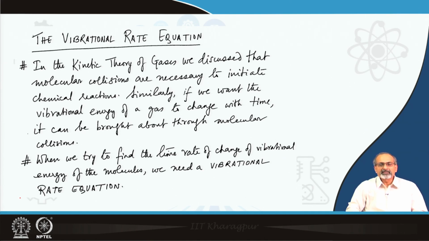But if all that is happening in a hurry and an adequate number of collisions are not taking place, so that the vibrational energy keeps changing during the time we are observing the system, then we definitely need to look at the rate at which the vibrational energy is changing. So, keeping this in mind, let us try to work out a vibrational rate equation.